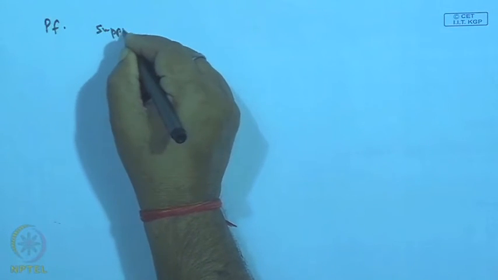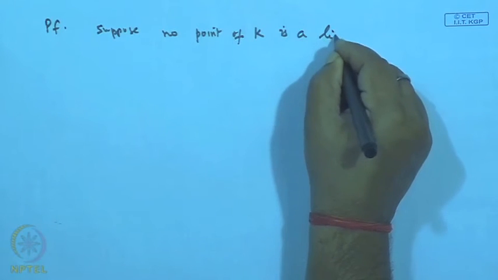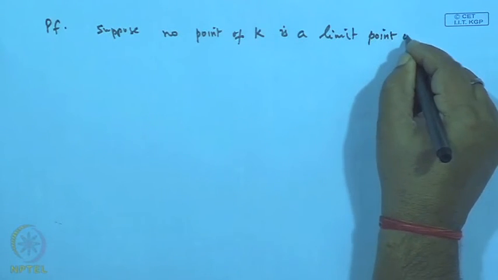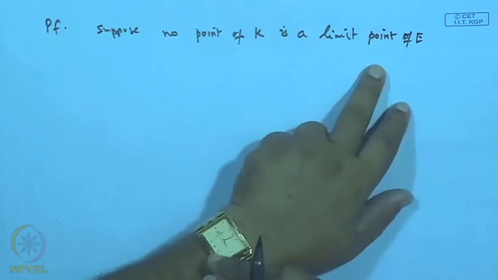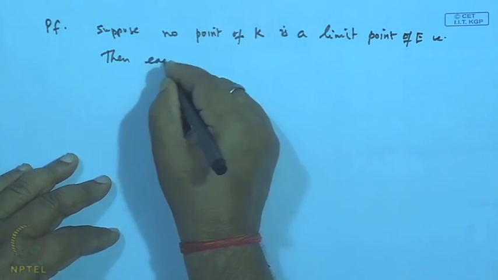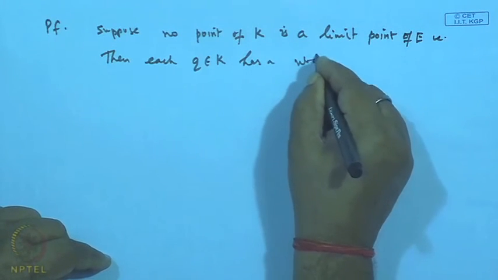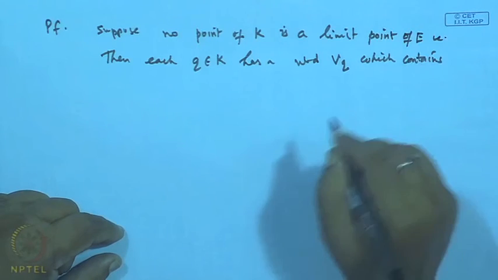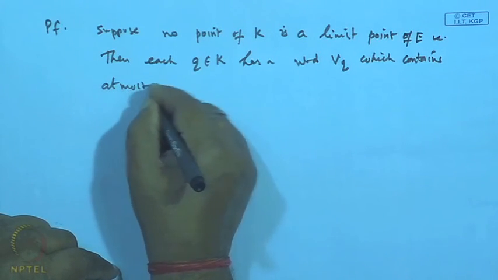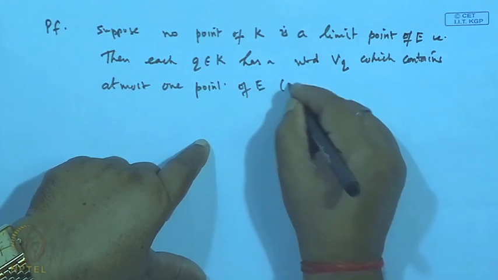Suppose no point of K is a limit point of E. It means that each point Q belonging to K has a neighborhood, say V Q, which contains at most one point of E, that is Q itself.